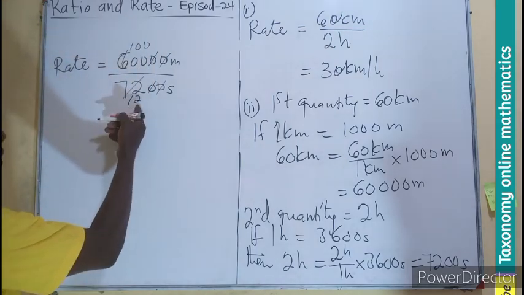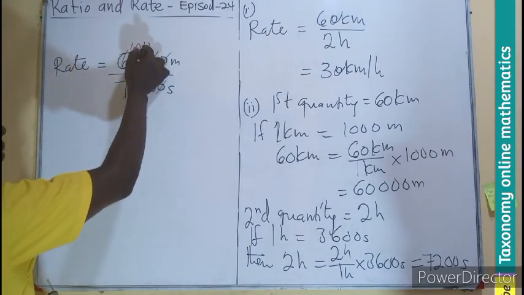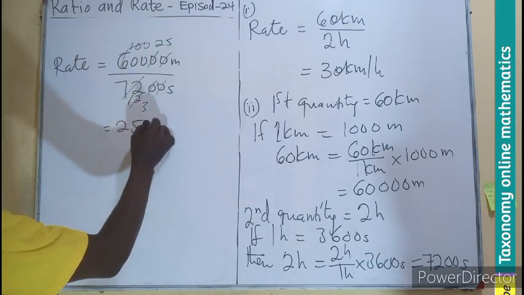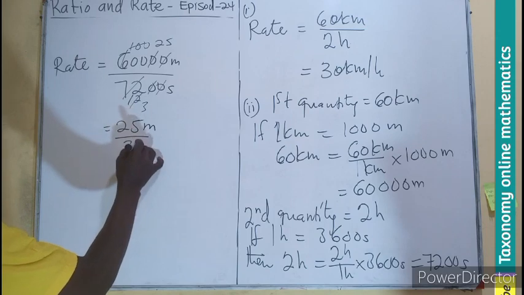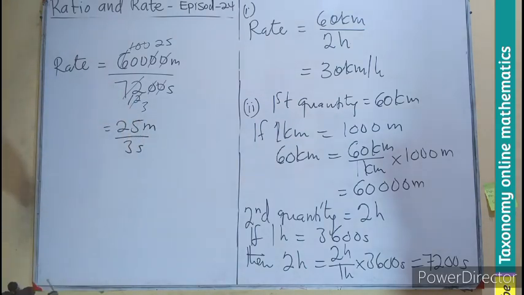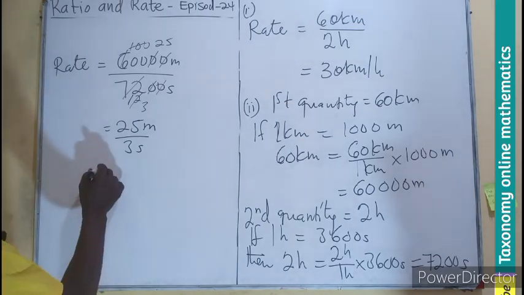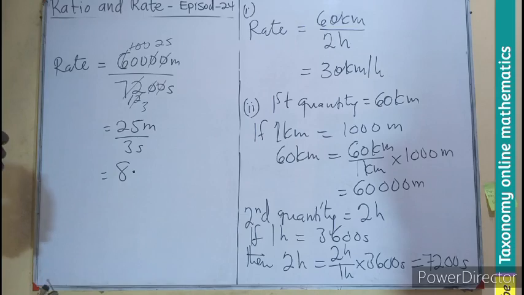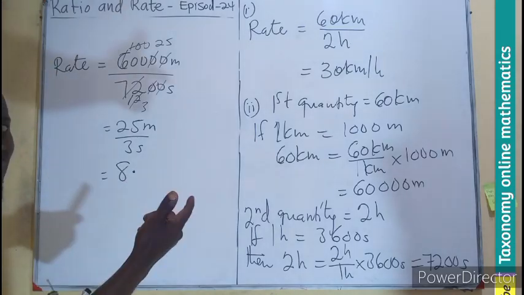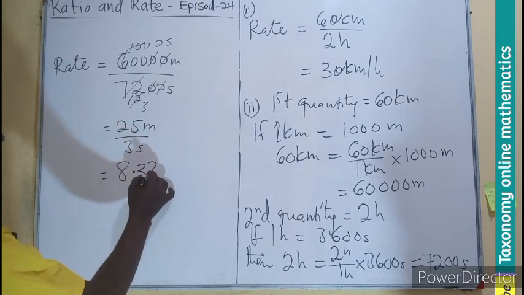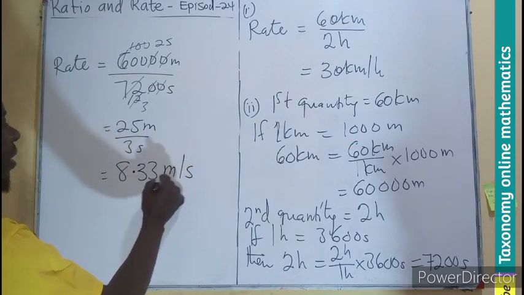Then 4 goes into 100 twenty-five times, and 4 goes into 72 eighteen times. So that will be 25 meters per 3 seconds. I believe 3 will divide 25 as 8 point 3 three, so that will be 8.33 meters per second.